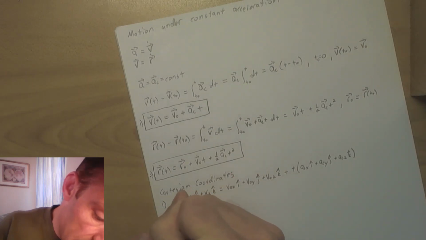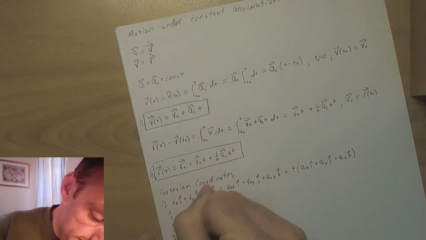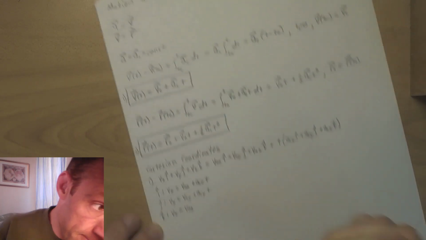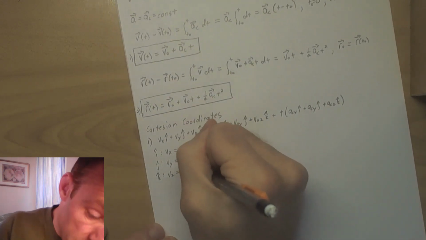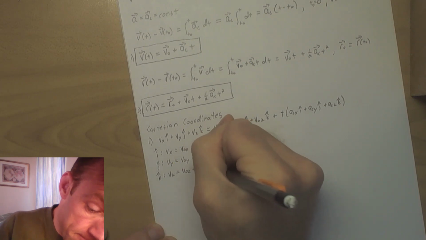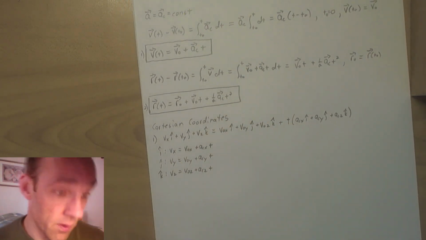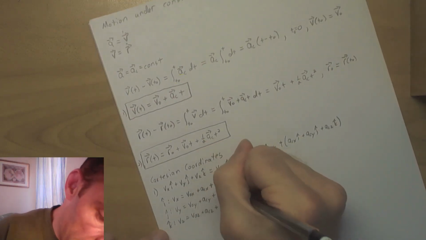And then in terms of k, we have the z coordinates. All right, and so I can use this to solve for time.